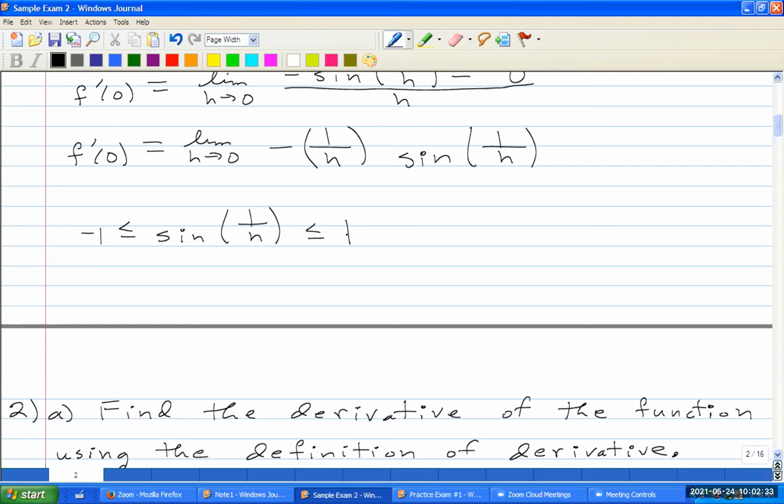Okay, so this is bounded times something that, well, is unbounded. In particular, this goes to, well, plus or minus infinity. And so, therefore, you have something that's bounded divided by something going to 0.